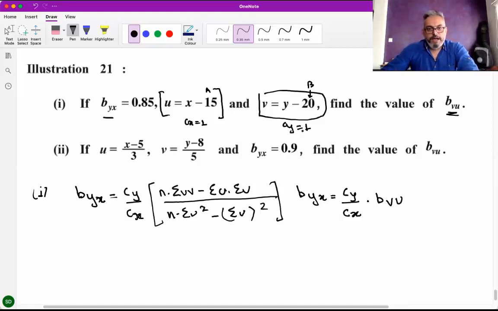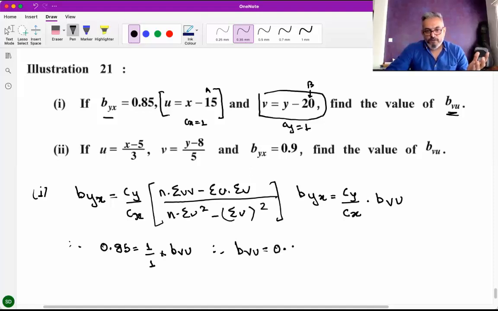Now we are given b_yx, c of y and c of x, which is 1 and 1. We have to find b_vu. So we substitute that b_yx 0.85 is equal to c of y 1, c of x 1 into b_vu. So 1 1 not required. Therefore b_vu is equal to same 0.85. No change.